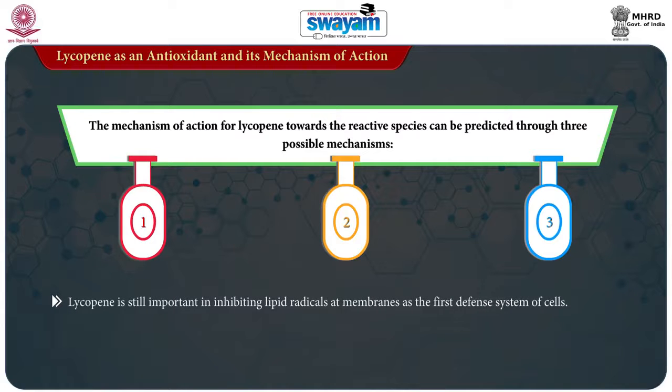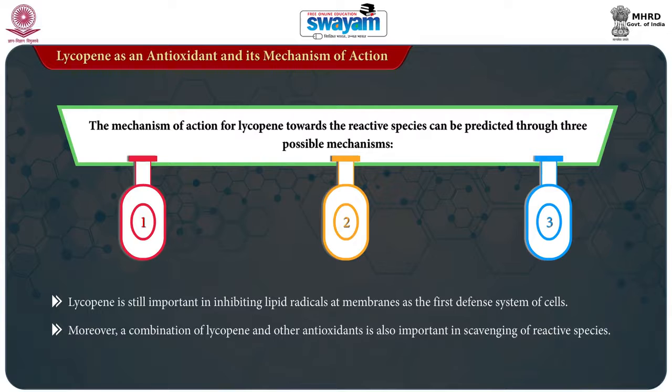Lycopene is still an important inhibitor of lipid radicals at membranes as the first defense system of the cells. Moreover, a combination of lycopene and other antioxidants is also important in scavenging of reactive species.